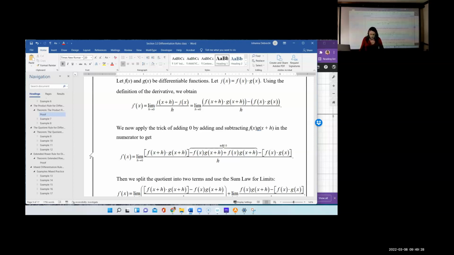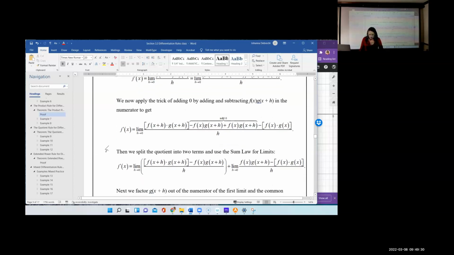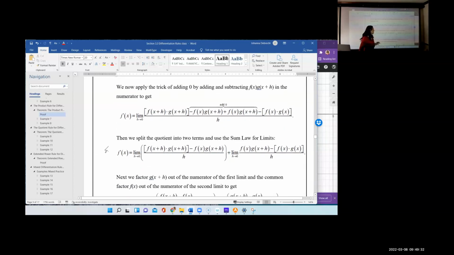So the next line down, I split the quotient into two parts, where I take the minus f of x, g of x plus h with the first part here, and I take the plus f of x, g of x plus h with the second part here. So I just split it into two different quotients.